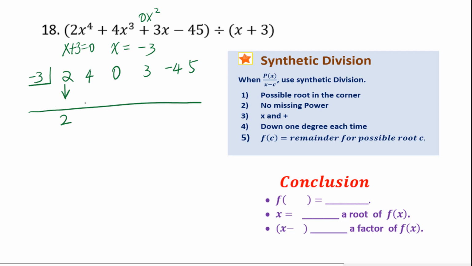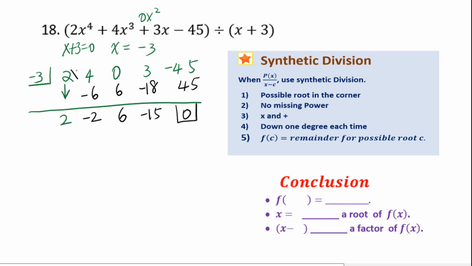Negative 3 times 2, that is negative 6. 4 plus negative 6, negative 2. Negative 2 times negative 3, 6. 0 plus 6, 6. 6 times negative 3, negative 18. Adding, negative 15. Negative 15 times negative 3, positive 45.